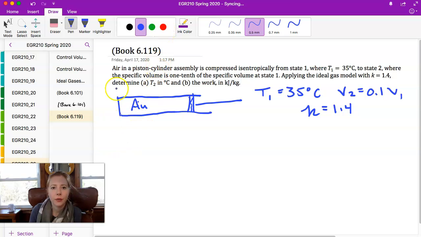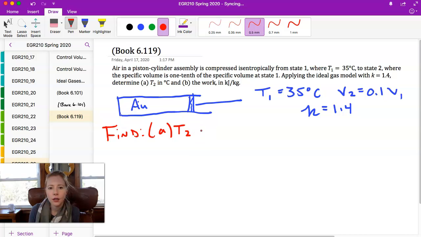Okay, so we're tasked with finding the following: A, T2, and B, this work.